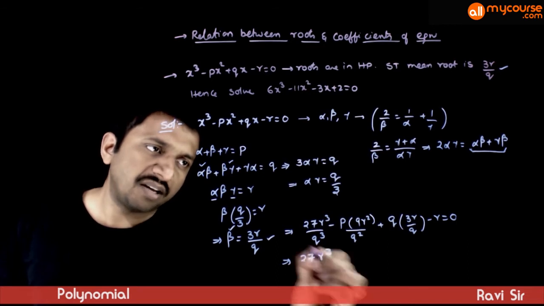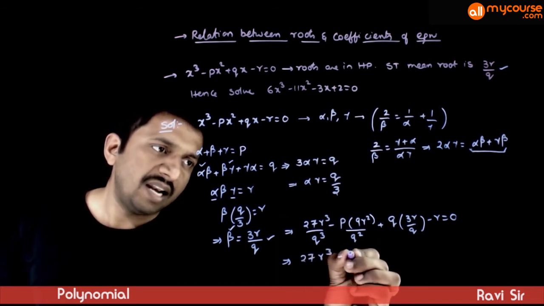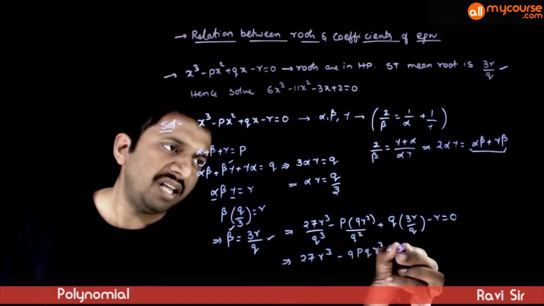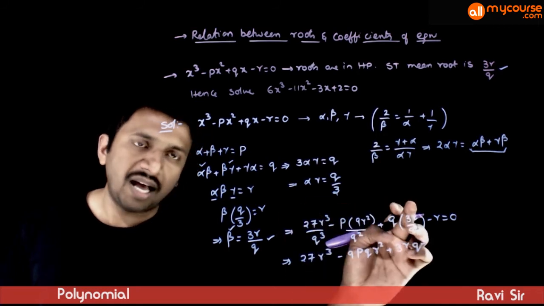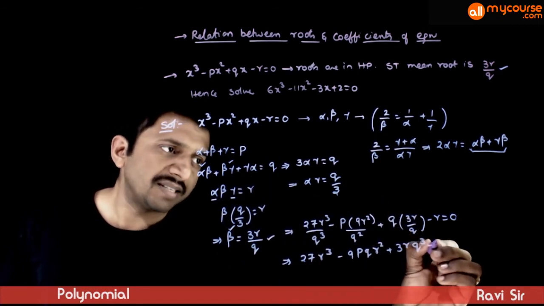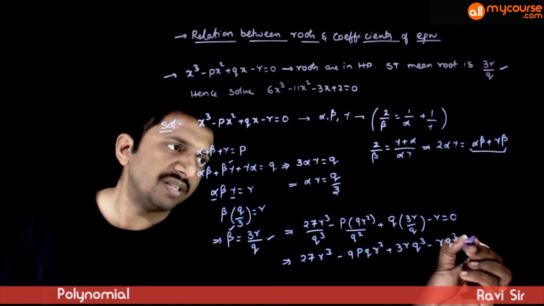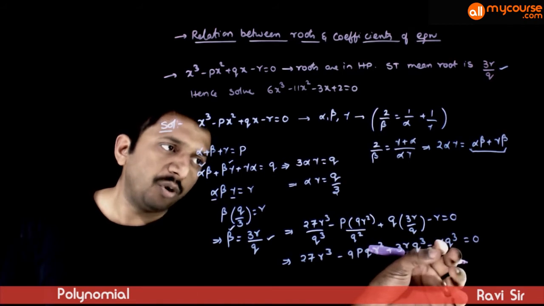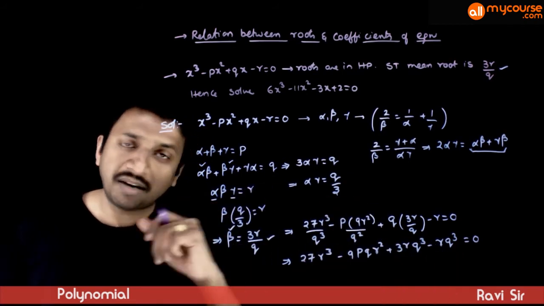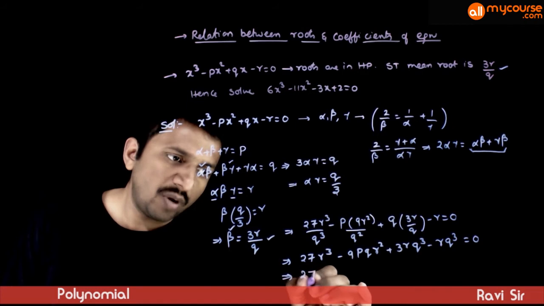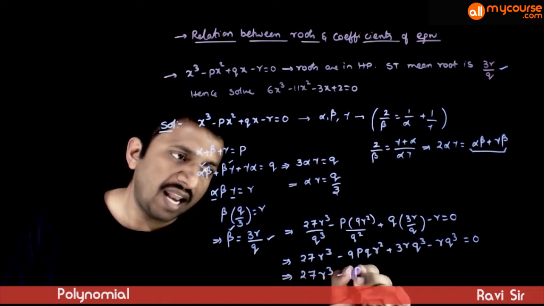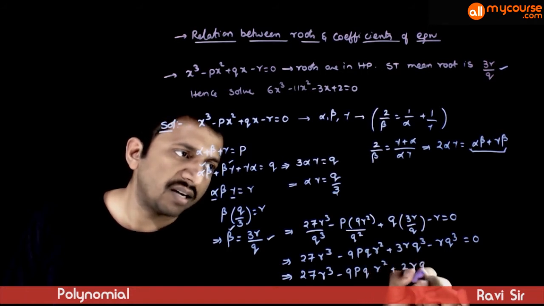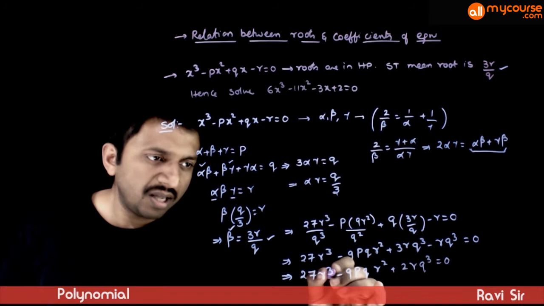So let us simplify this. 27R cube minus 9 PQR square plus 3R Q cube minus R Q cube is equal to 0. So 3R Q cube minus R Q cube is 2R Q cube. This implies 27R cube minus 9 PQR square plus 2R Q cube is equal to 0.